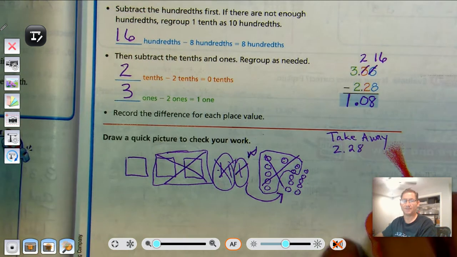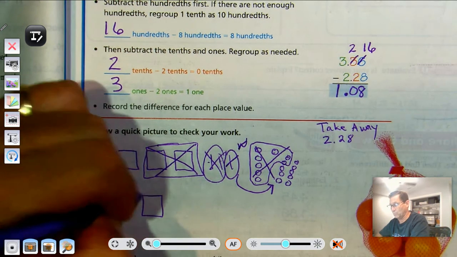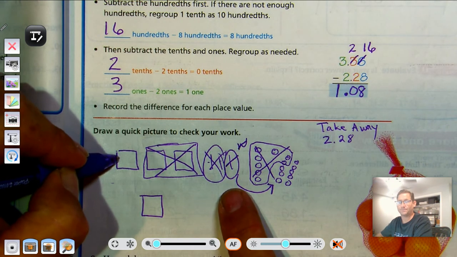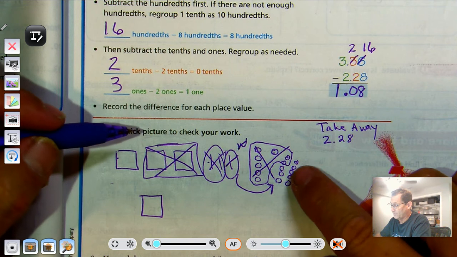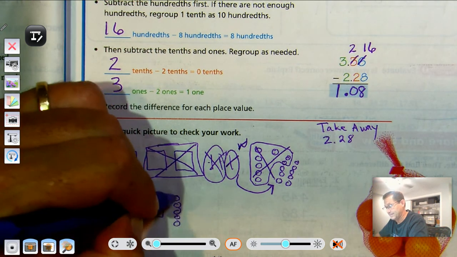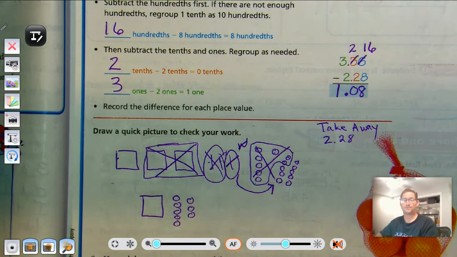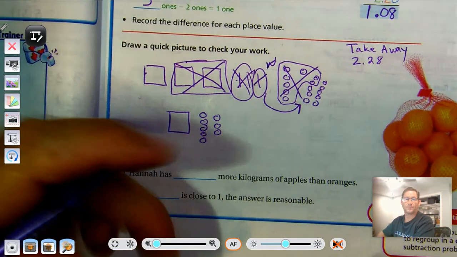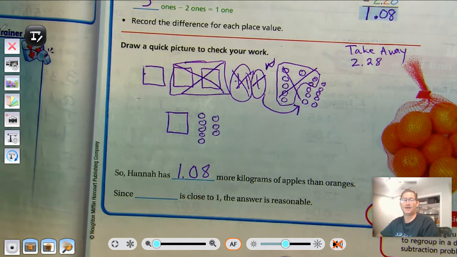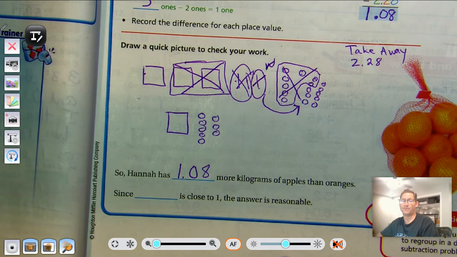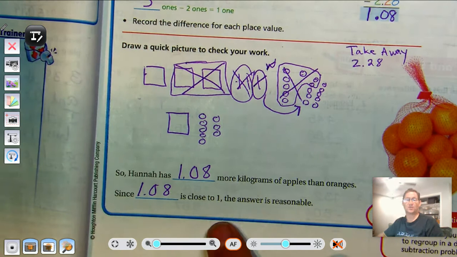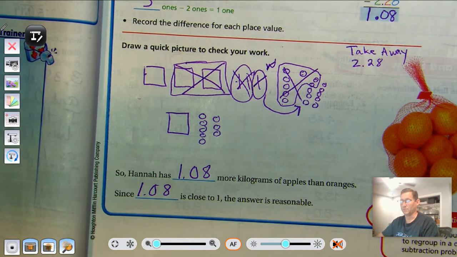All right, so what's left? We have 1. We don't have any tenths, but we have 1, 2, 3, 4, 5, 6, 7, 8 hundredths. So she has 1 and 8 hundredths more kilograms of apples than oranges. Since 1 and 8 hundredths is close to the estimate 1, her answer is reasonable.